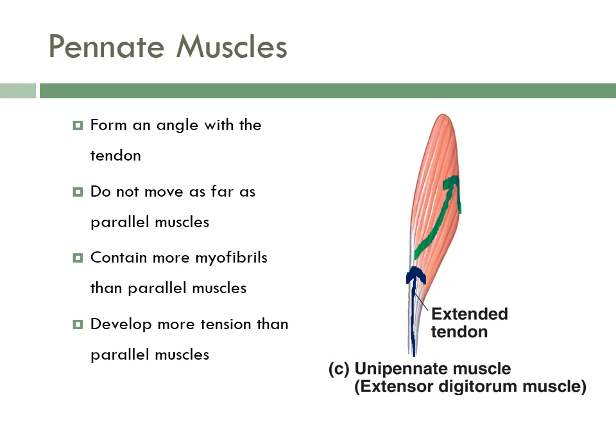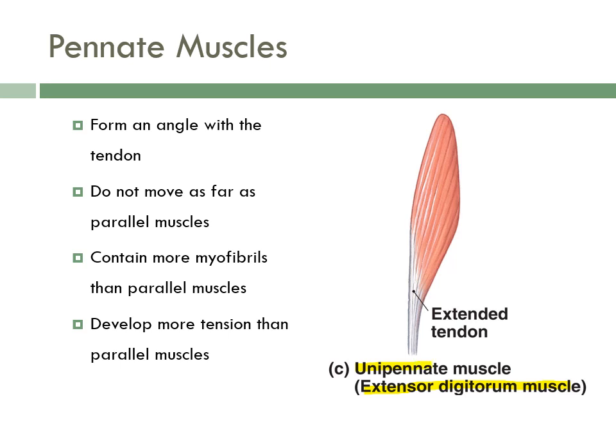An example here would be the extensor digitorum muscle. We're going to learn about that later this morning, but the muscles that are all moving your fingers are in your forearm, and they are traditionally pennate muscles. So this one is called a unipennate muscle.